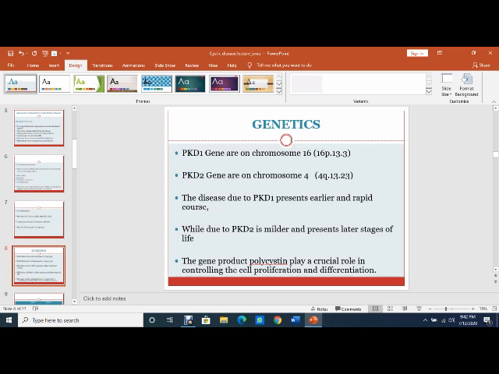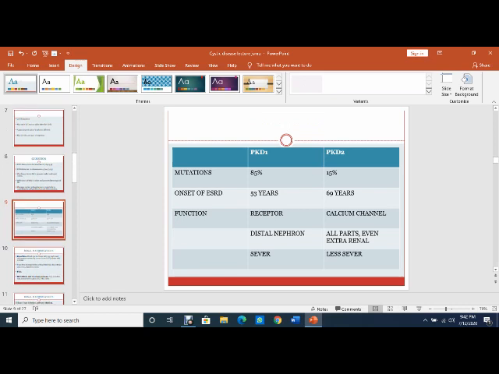So this slide shows the difference between PKD1 and PKD2. If you see the mutation, PKD1 mutation commonly occurs in 85% and PKD2 in 15%.